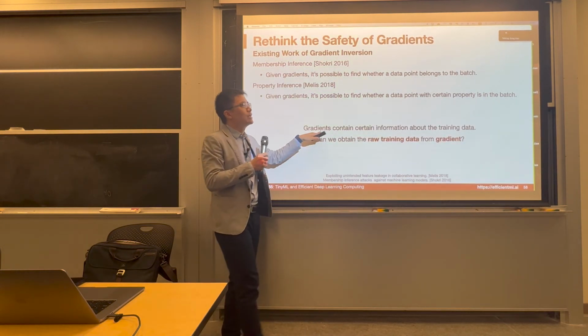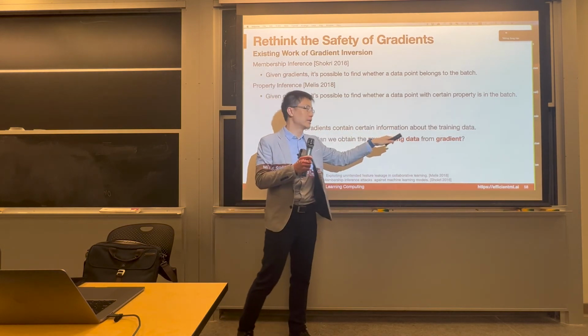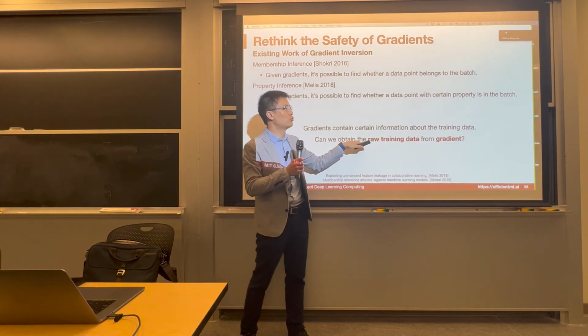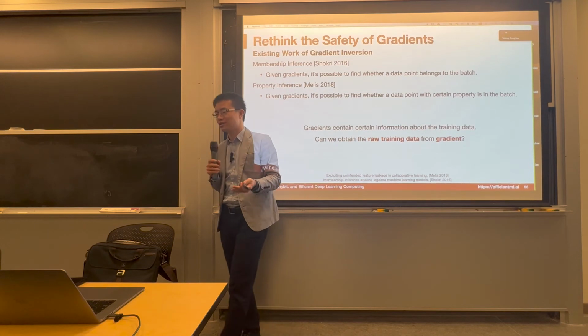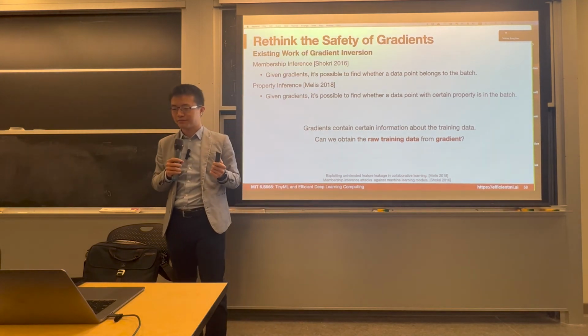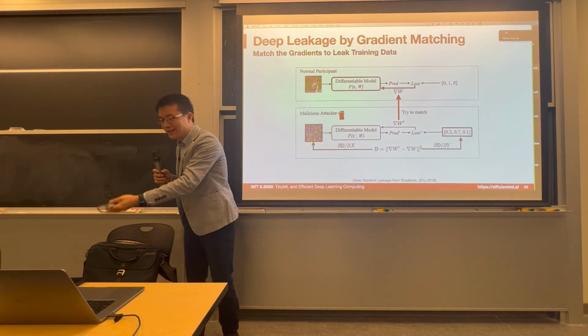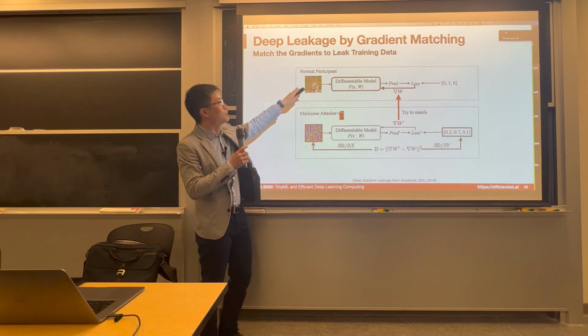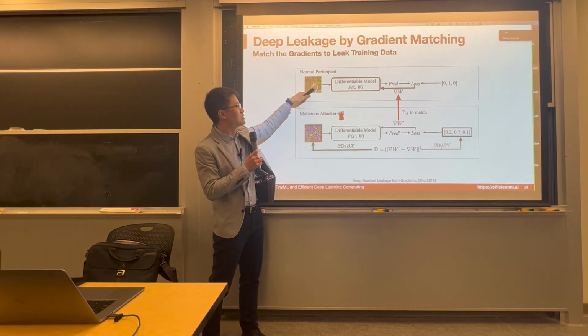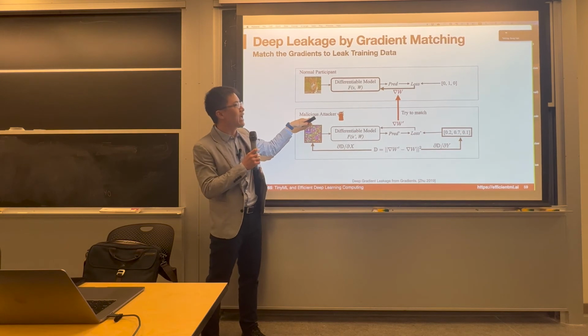So since the gradient contains so much information about the training data, can we just obtain the raw training data, the raw image, from these gradients? Actually, this is exactly the method. Here we have a normal participant and a malicious attacker.